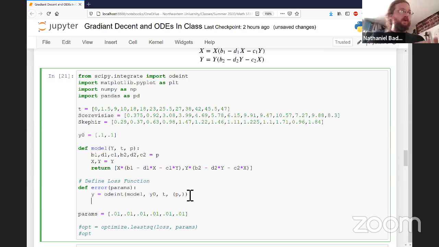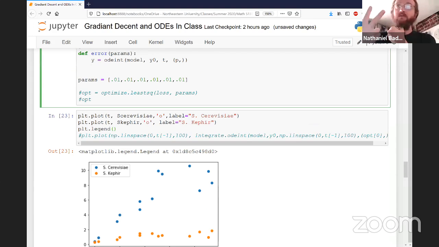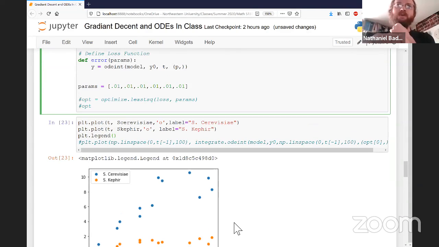Okay, but so before, if you remember, we just had the infected, and so we were only comparing one set of values against one set of values, right? Here we're going to wind up with two functions, and we want to compare the two functions against each other, right? So there can actually be a question there of how do we want to weight them. Do we want to weight them the same?